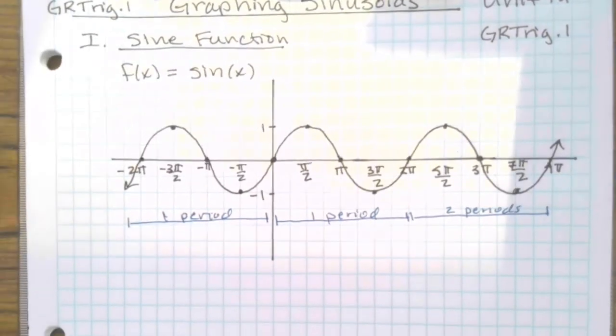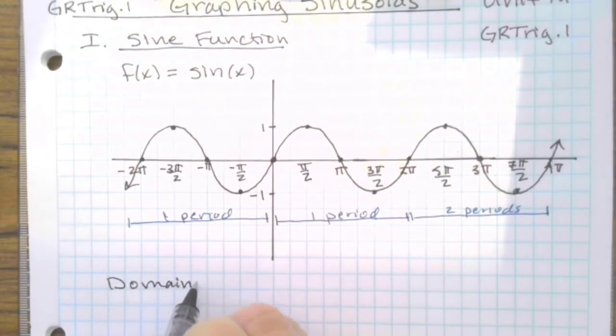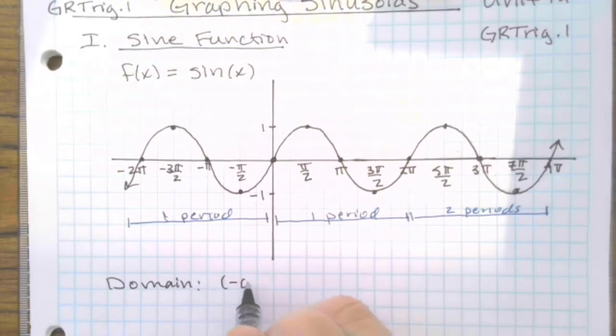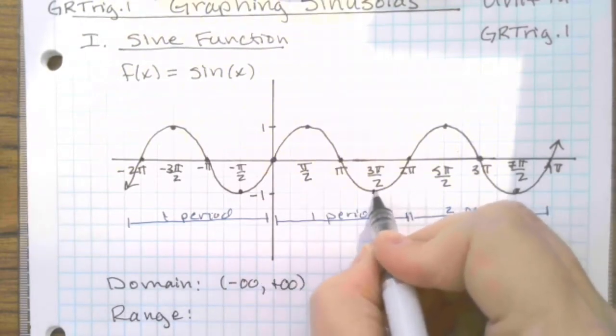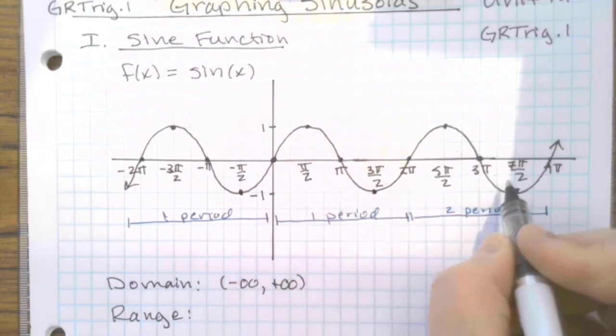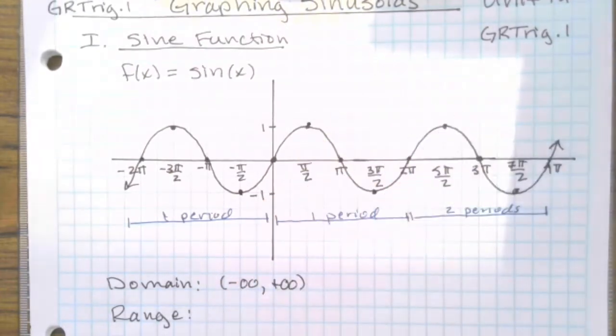All right, so you're going to be asked to analyze the sine graph. So let's start with domain. Okay, so the domain of the graph, the x values left to right, is negative infinity to positive infinity because there's no breaks or gaps. The range of the sine function, it has a value at negative 1 that repeats, and it has values at positive 1 that repeat.